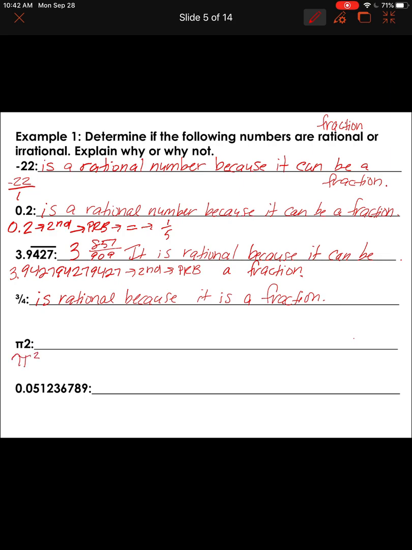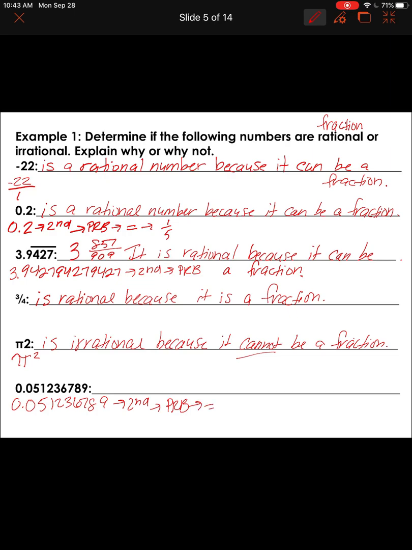This one is supposed to be pi squared. So anything with pi, we already said, is irrational because it cannot be a fraction. And then we got 0.051236789. So if we put that in our calculator, 0.051236789, we hit second PRB and then equals.